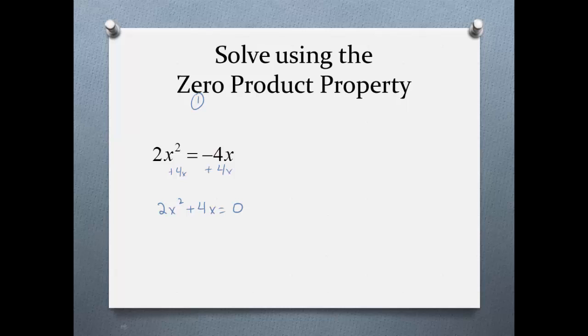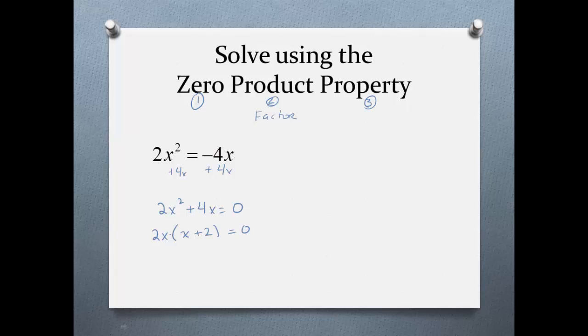The next thing I need to do is have a product. That's a multiplication problem. That's factoring. So in this case, again, I have a greatest common factor. This time it's 2x. So I have 2x times x plus 2 equals 0. And now I have two factors that are multiplied together and give me 0.